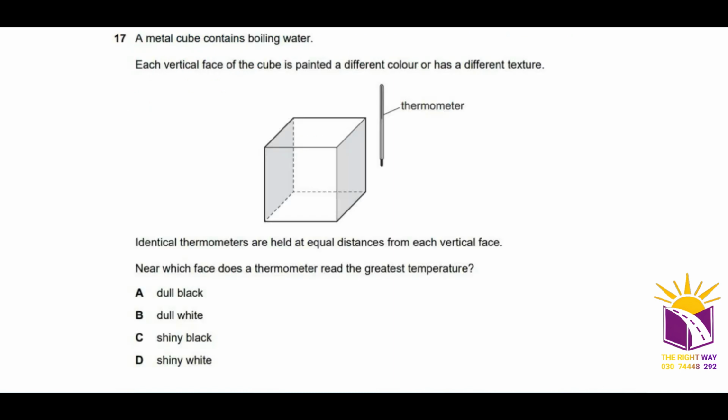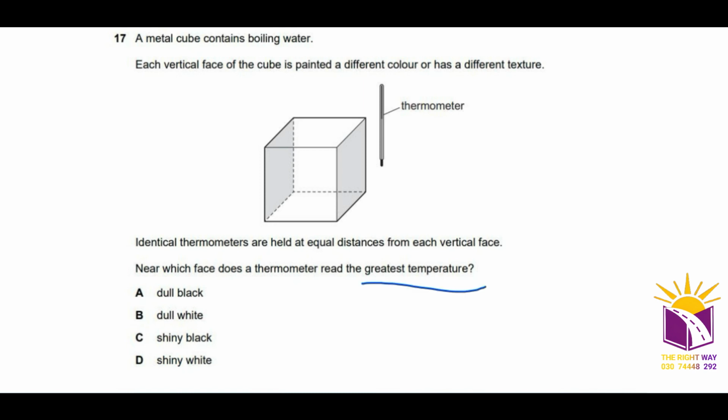Question number 17. A metal cube contains boiling water. Each vertical face of the cube is painted a different color or has a different texture. Identical thermometers are held at equal distance from each vertical face. Near which face does the thermometer read the greatest temperature?